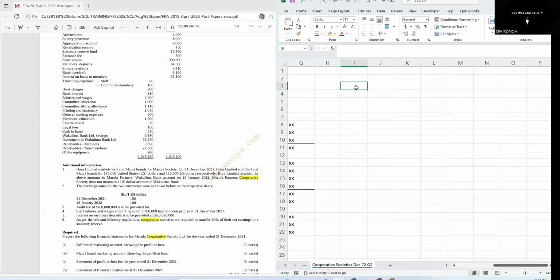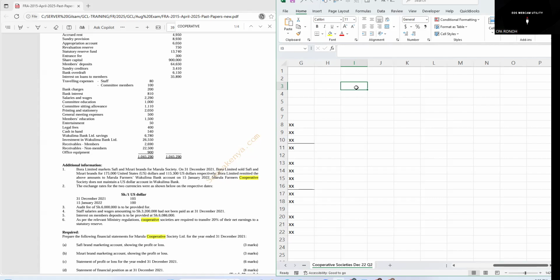Number two is the rate. Number three is the audit fee of 6 million is to be provided for. So that is a provision. So it is an expense which you debit the P&L, you credit the provision or the accrual account because it has not been paid. Staff salaries and wages amounting to 3.2 million are not paid as at 31st December 2021.